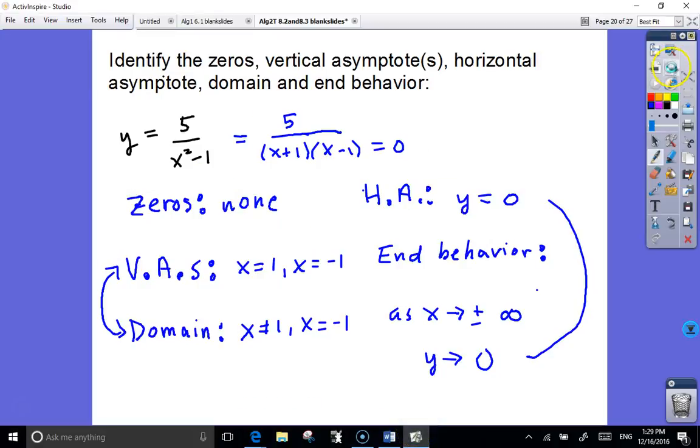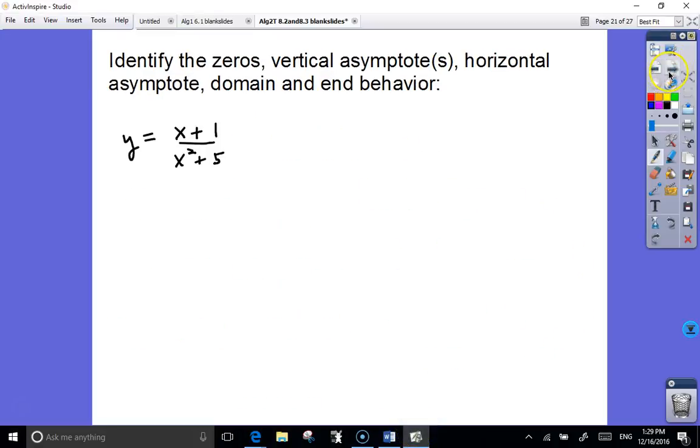I think I got another one for me to do. Okay, so let's do this one together, and then the next one will be for you. So zeros of the function. X equals -1, right? It's the zero of the numerator. Vertical asymptotes.